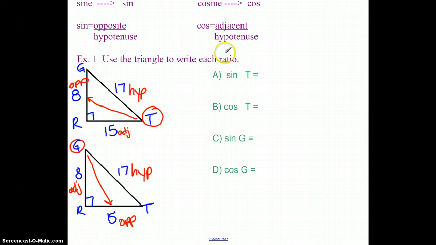Okay, now, before we get going too far, just remember a ratio is a simplified fraction. So I'm actually going to make fractions for each of these, and my job is to reduce them if I can. If I can't, that's fine, but they have to be left as ratios. No mixed numbers, no decimals, nothing, just a fraction. So first of all, sine is opposite over hypotenuse. So if this is the focus angle of t, opposite in this one would be 8, hypotenuse would be 17.